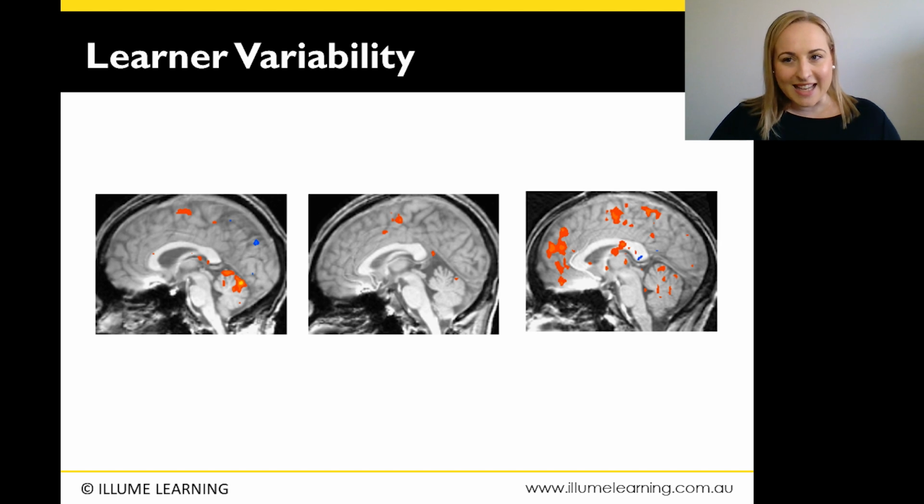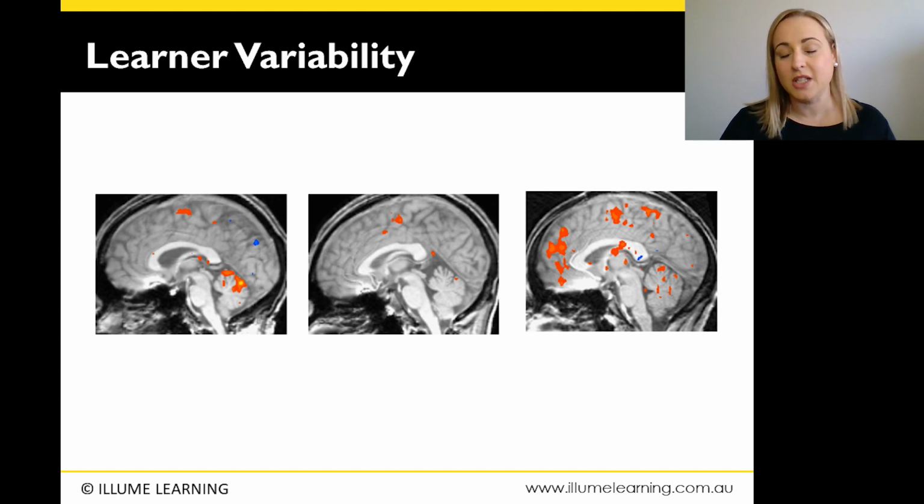So when we look at this UDL framework, as I mentioned before, it was initially designed by an organisation called CAST in the US. And the framework draws on two main areas of brain research. The first up on the screen here looks at learner variability. What you can see here are fMRI images, so functional MRI images, of three different people.